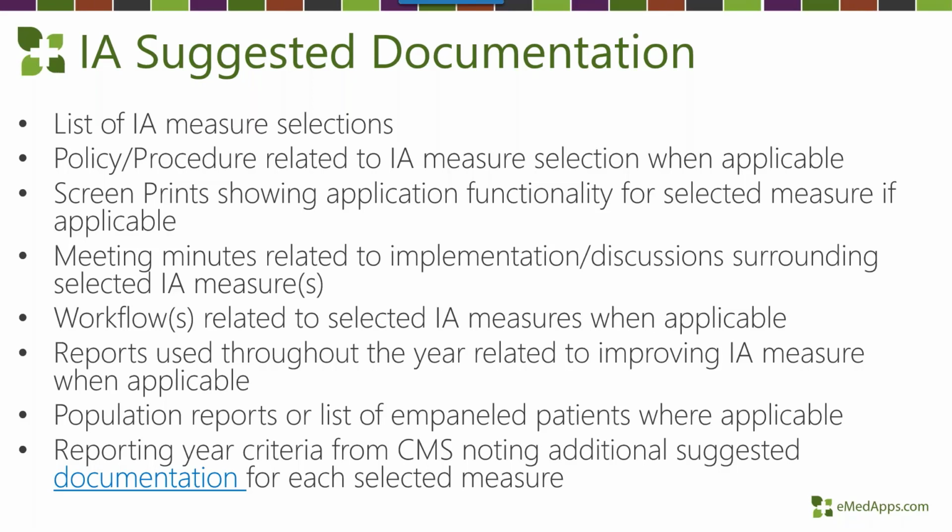So you'll definitely want to have a policy and procedure in place, and screen prints showing that functionality for any of those selected measures. If you have selected improvement activity measures and you have meeting minutes related to implementation or discussions surrounding any of those improvement activities, you'll want to include those meeting minutes so that CMS can see that you're actively engaged with your organization's team members, so that they know what specific improvement activities you're working on.